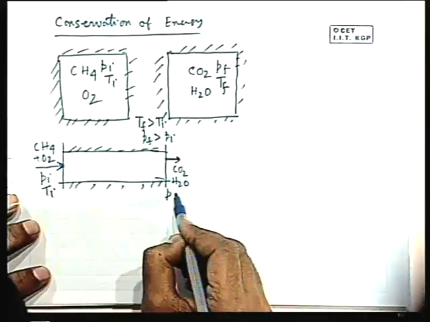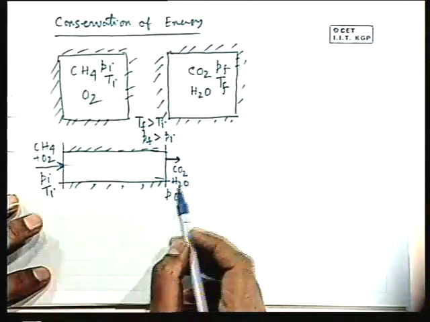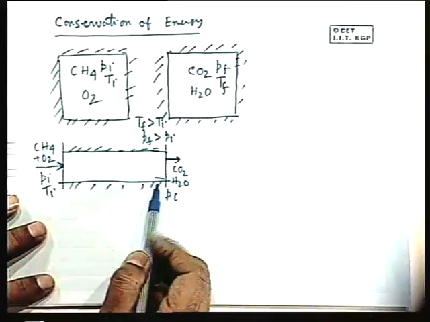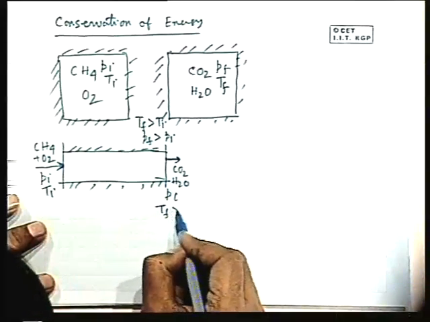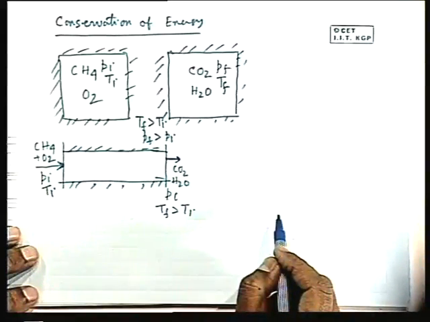Now in a steady flow process, I have told you pressure is constant, until and unless we take care of the friction losses, we consider the pressure to be constant in the ideal case, but Tf is greater than Ti. So temperature is increased. Okay?